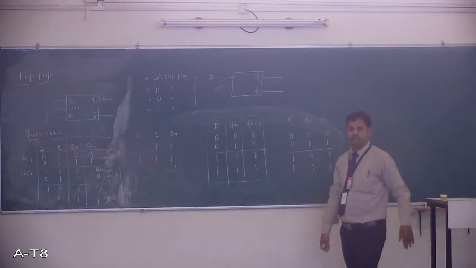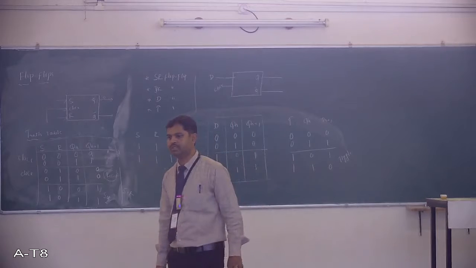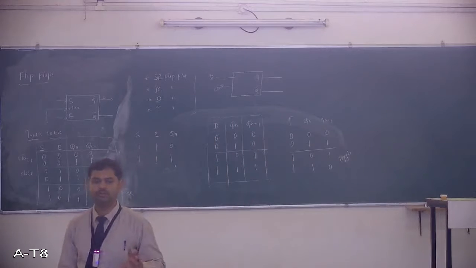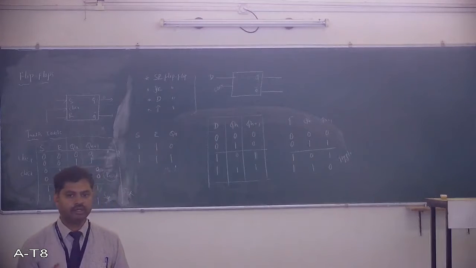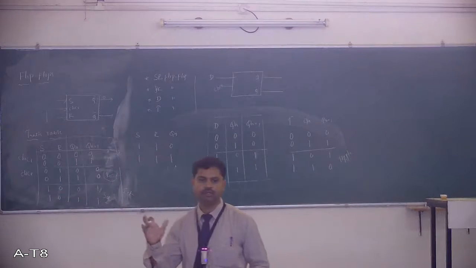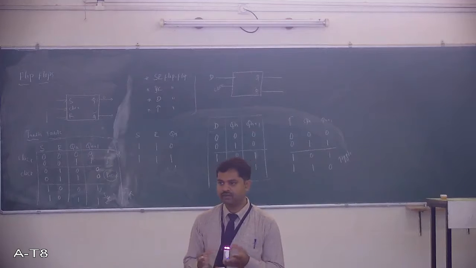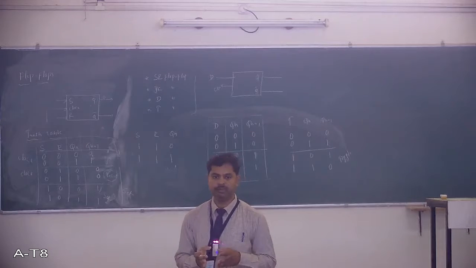D is one more flip-flop. Again same thing, its function is to store the binary information. It is having only one input, that's D. And clock, as usual, you must apply. There are two outputs, Q and Q bar. D, we are calling it a transparent flip-flop.